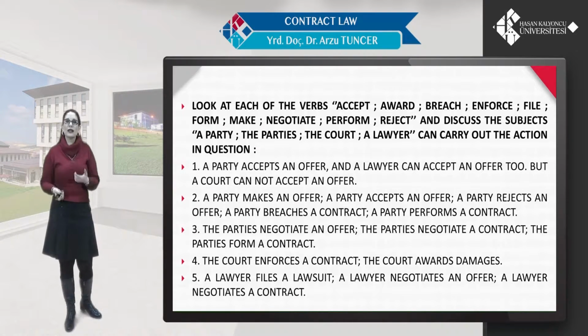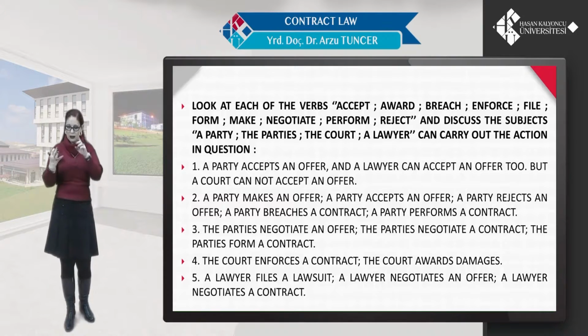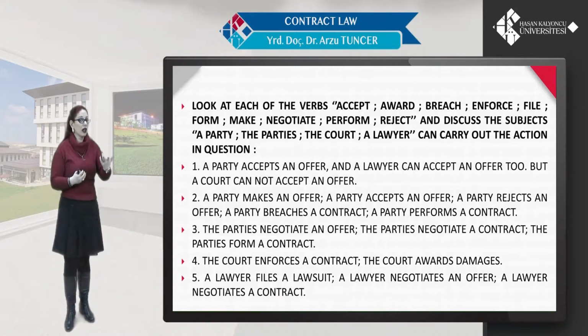A party makes an offer. A party accepts an offer. A party rejects an offer. A party, what else? Breaches a contract. Also performs a contract. What about the parties? The parties negotiate an offer. The parties negotiate a contract also, is possible, right?